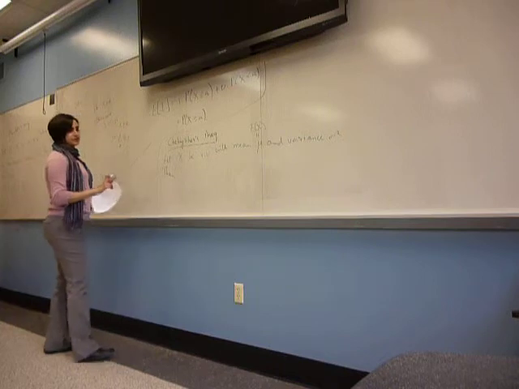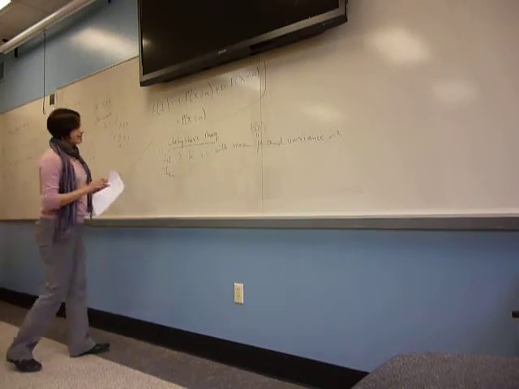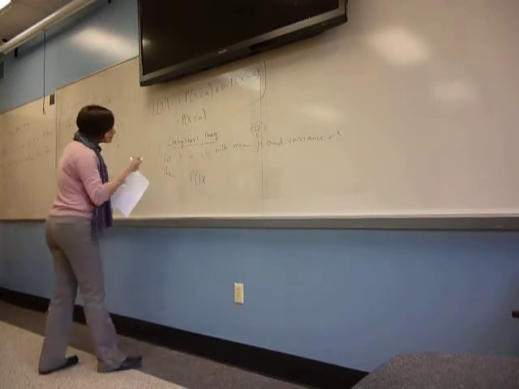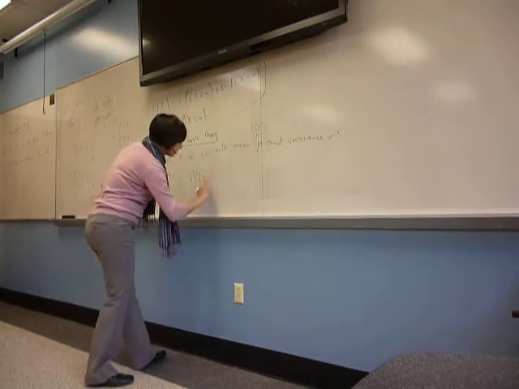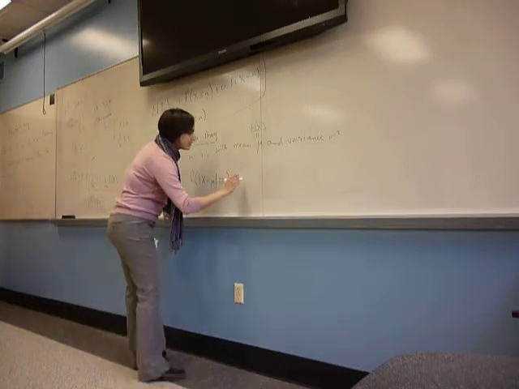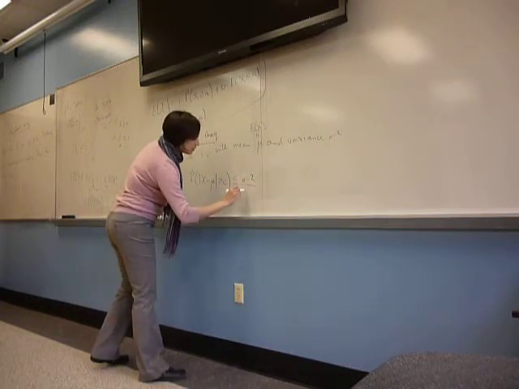But X doesn't have to be non-negative. Then the probability that the distance of X from its mean is greater than or equal to c is less than or equal to the variance of X over c squared.